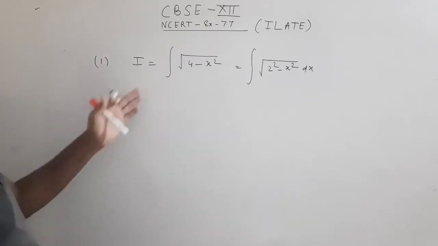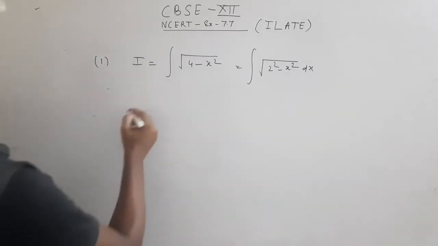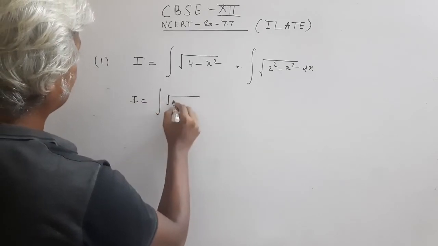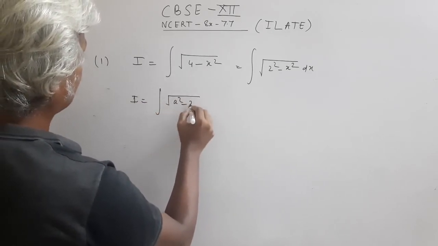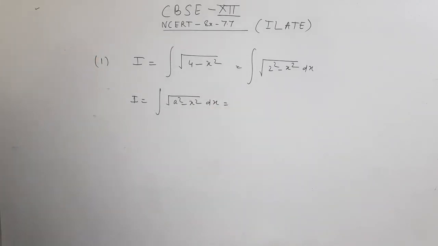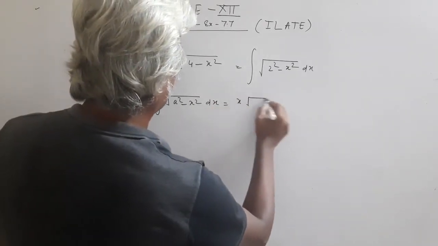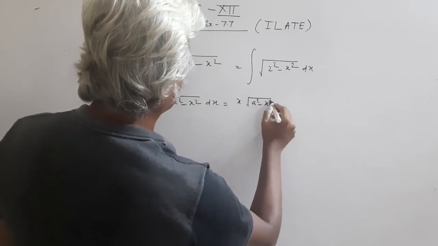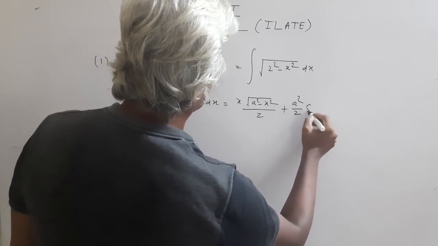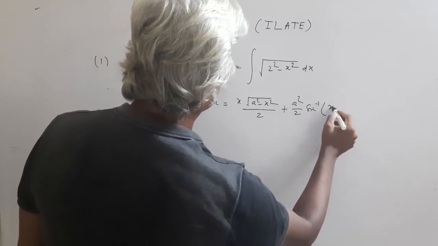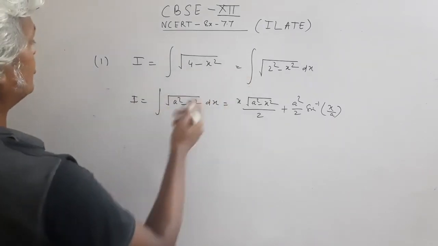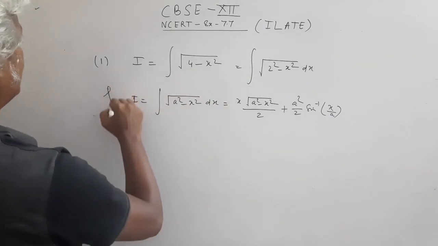Many people use the formulas directly, because the formula says that formula I, integral of under root a square minus x square dx, is x under root a square minus x square by 2 plus a square by 2 sine inverse x by a. So same thing, just in place of a you write 2.